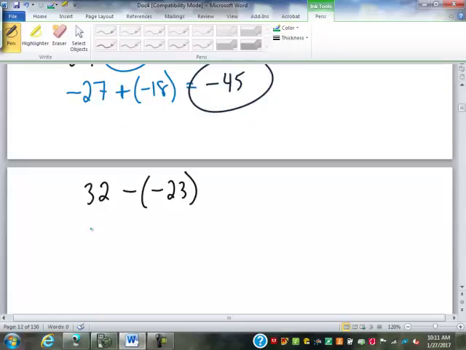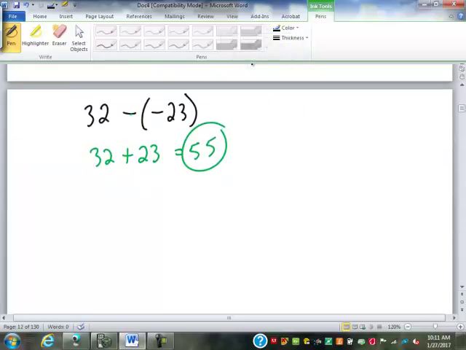Well, the 32 doesn't change. Minus a negative 23 means adding the opposite of negative 23, which is 23, or positive 23. So that just becomes an addition. It's 55.